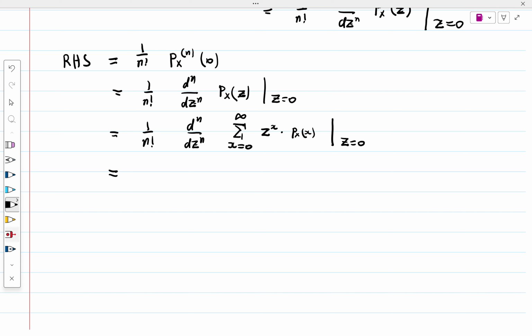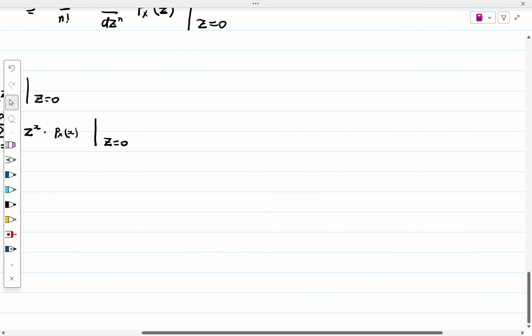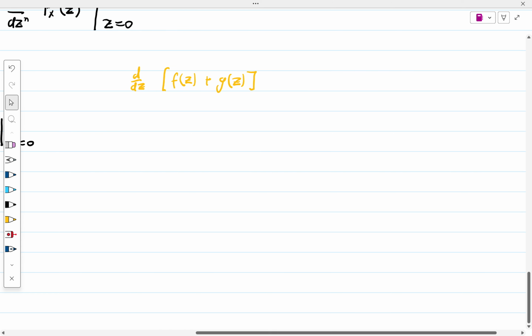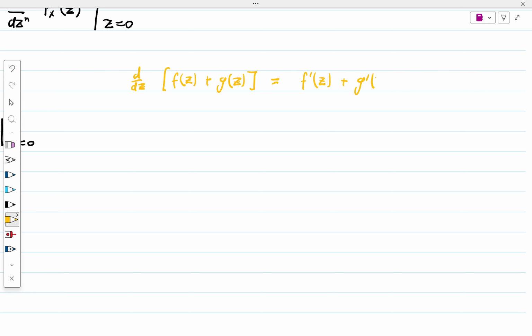In this step, what we recognize is that we're dealing with a derivative of a sum of functions. Now recall that if you take the derivative of the sum of two functions of z, say f of z plus g of z, this gives you the sum of their respective derivatives.